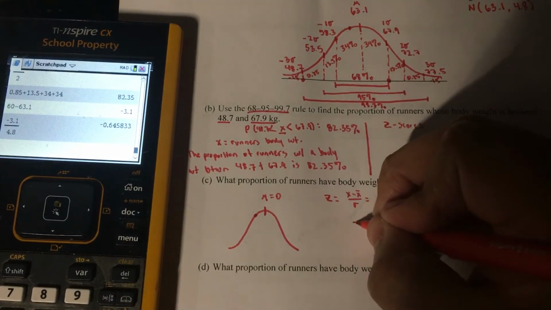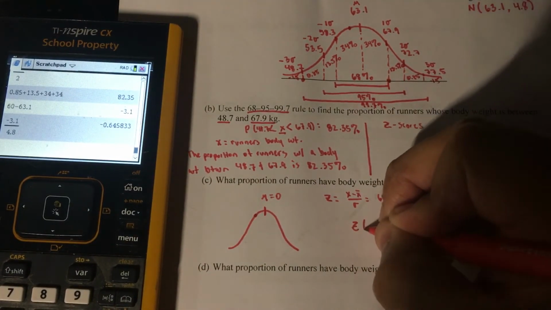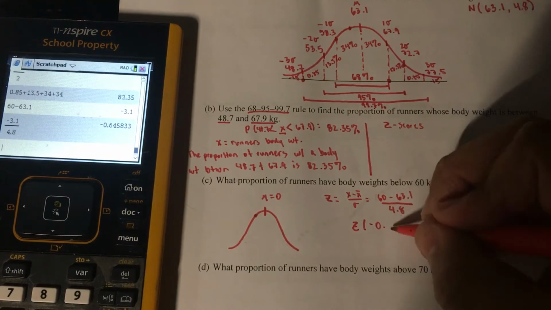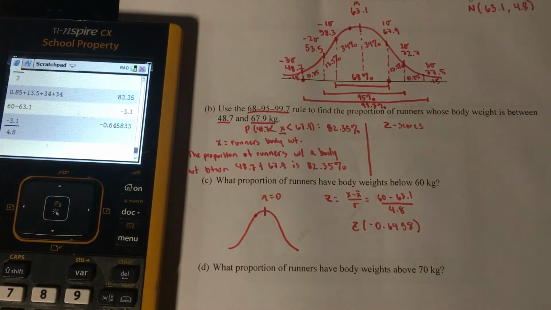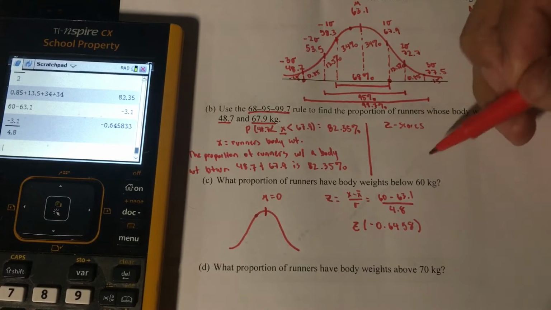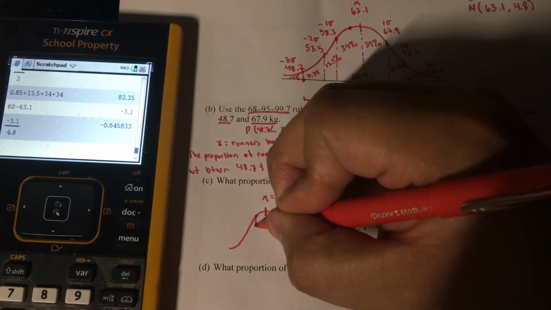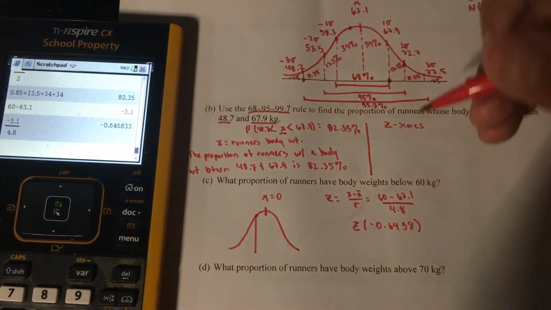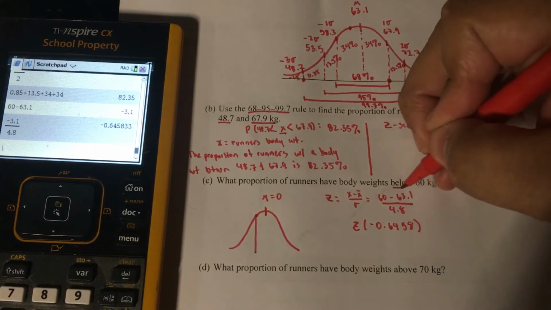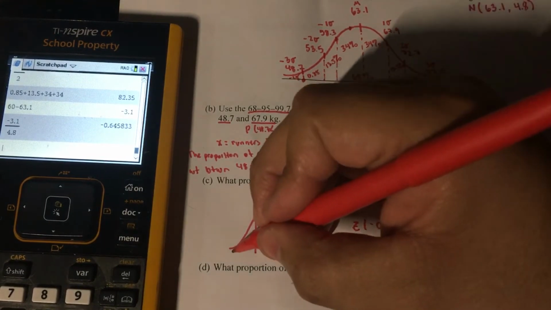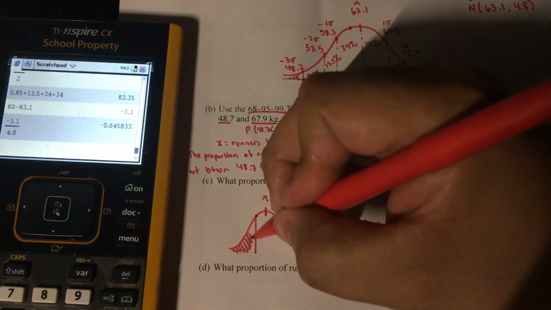So my z-score is equal to negative 0.6458. Okay, so what I want is the proportion of my z-score which is below. So again, guys, we're going to have to shade here. If I'm below 60 kilograms, what I'm looking for is this right here.